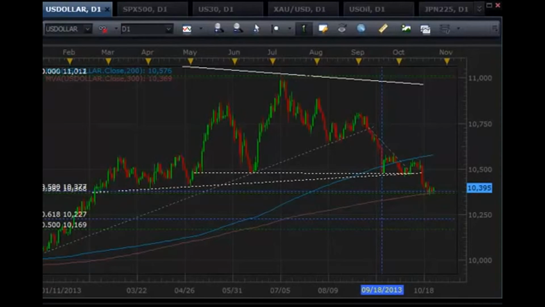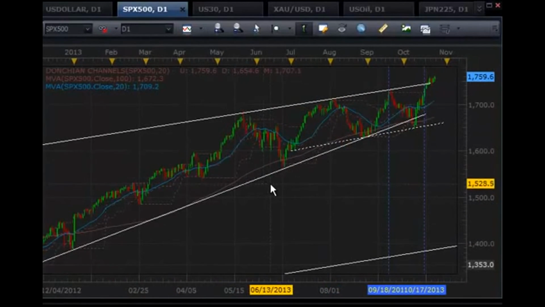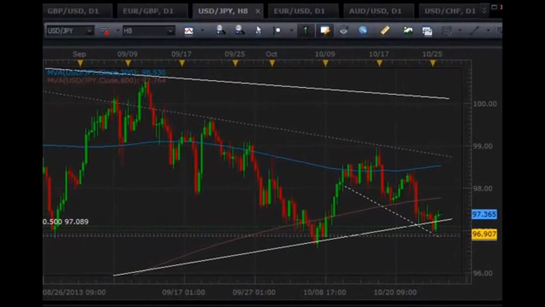All right, so a lot can come in and evolve whatever the conditions are. Now, you can be looking at a range reversal or a trend line reversal, which is something that we had with the S&P 500 a number of times on this floor. All right, we also even had a false break to the downside and came right back up. You can also have a trend line breakout, which is the circumstances that we've had with the dollar and the dollar yen.